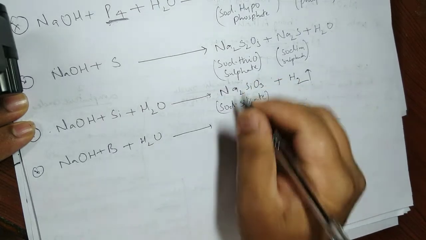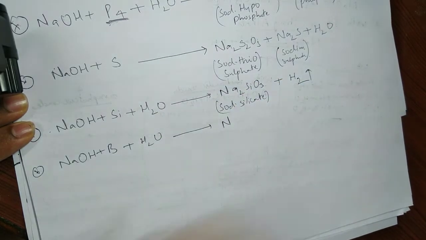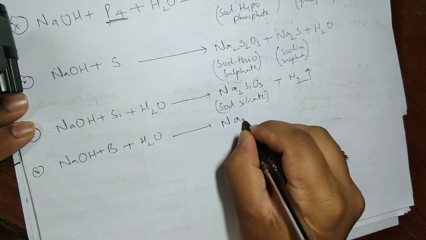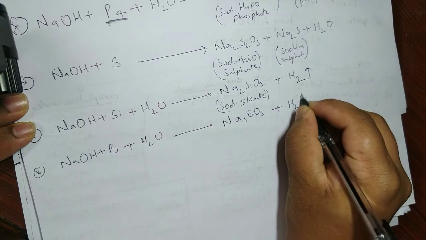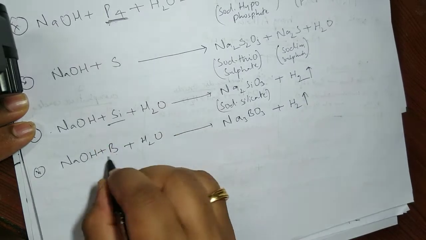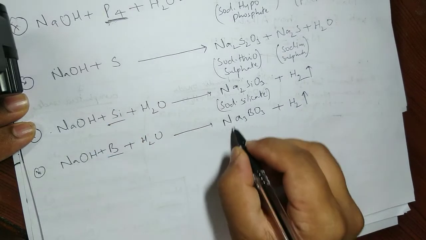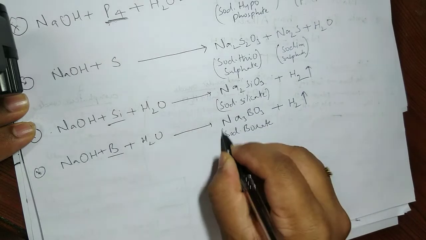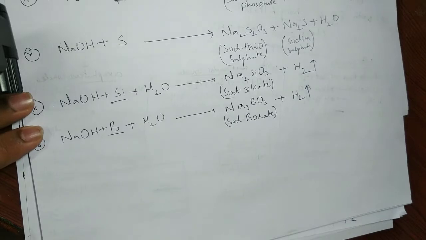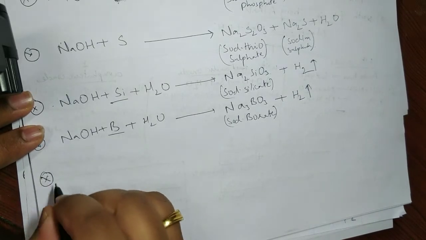Whatever the silicate formed, it will be forming borate, Na3BO3 plus hydrogen gas. Both are diagonally related. Sodium borate.